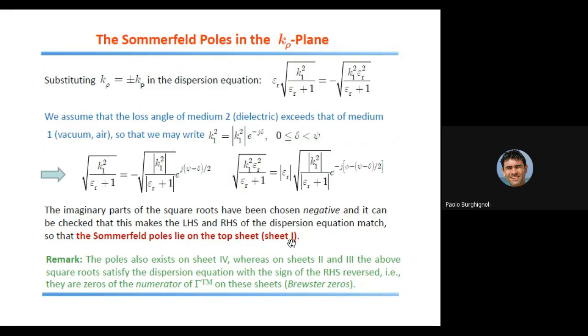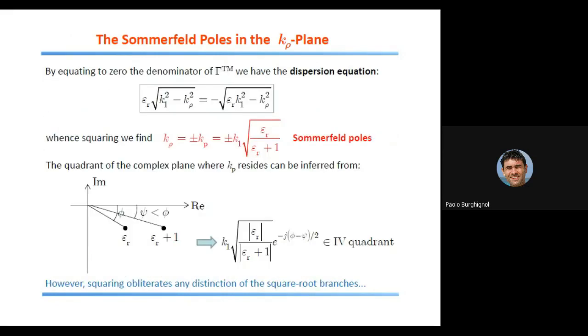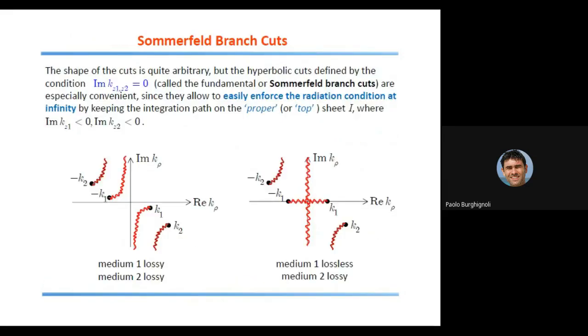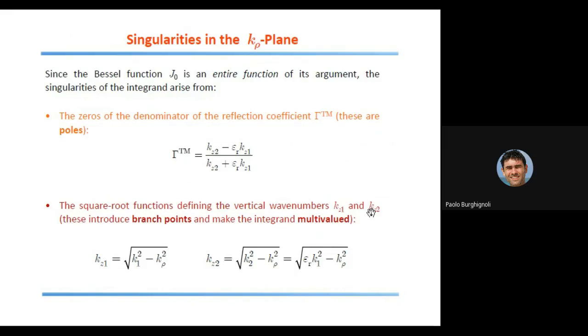whereas on the remaining sheets, number 2 and 3, the square roots do not satisfy the dispersion equation, that is the denominator of gamma, but they rather satisfy the equation that is obtained by equating to 0 the numerator of the reflection coefficient, which is equal to the denominator up to the sign here.